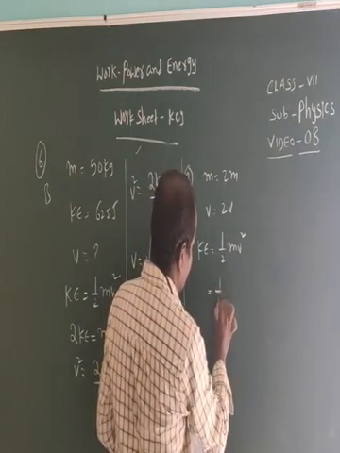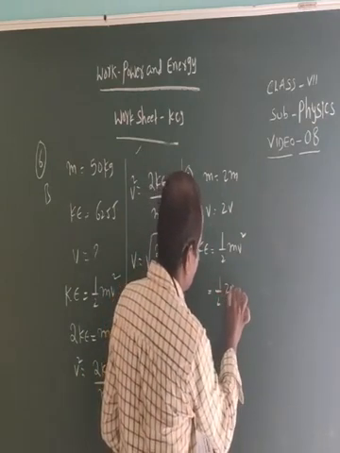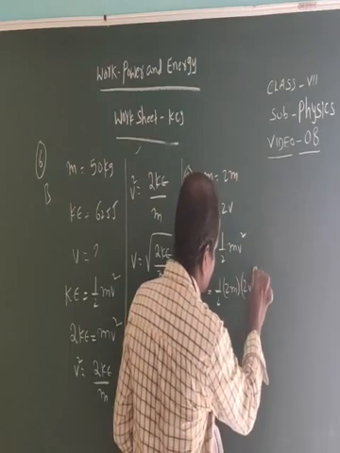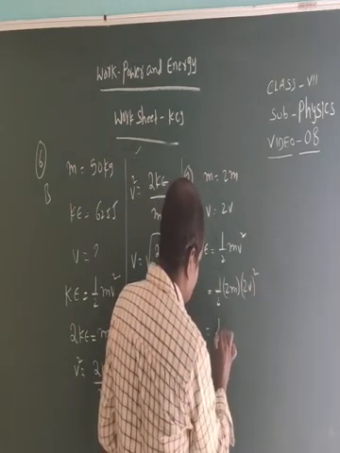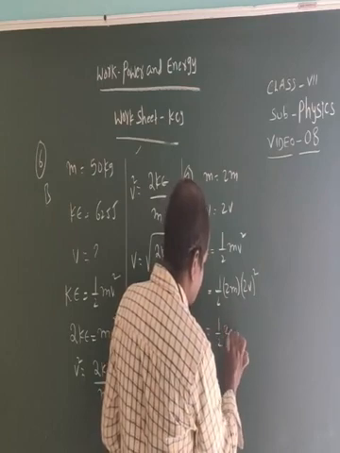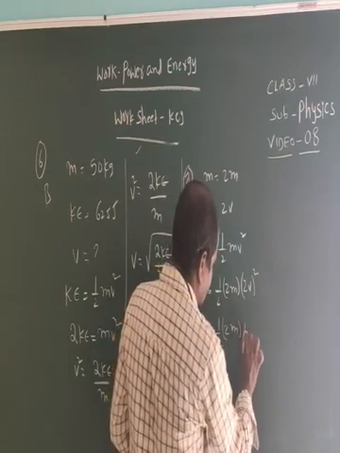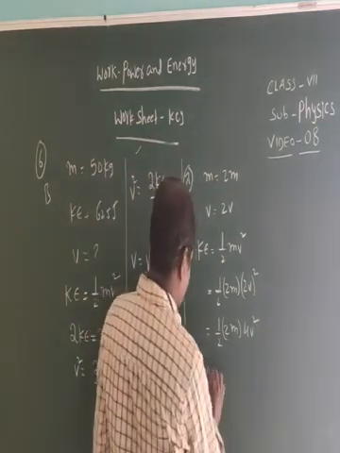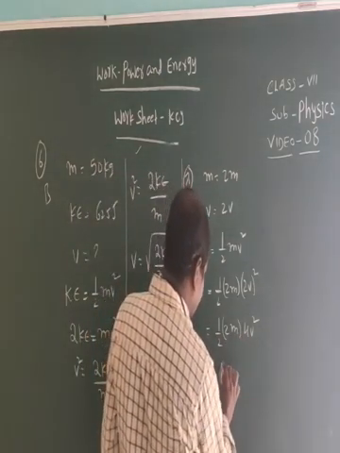So here half m equals 2m into velocity 2v whole square. That equals half into 2m into 4v square. So here 2 into 4, 8.